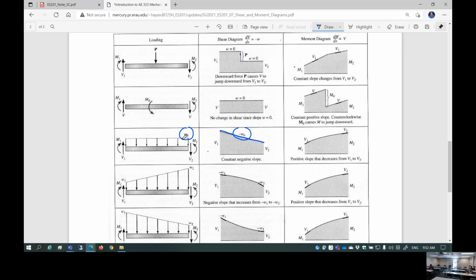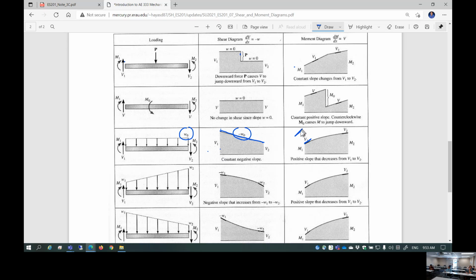Okay. And then, of course, the equation actually explains it. All right. Good. So once you develop this, this is the shear diagram. The moment diagram can also be developed from it. In other words, this is a moment starting with the slope of V1. Slope is a larger slope.